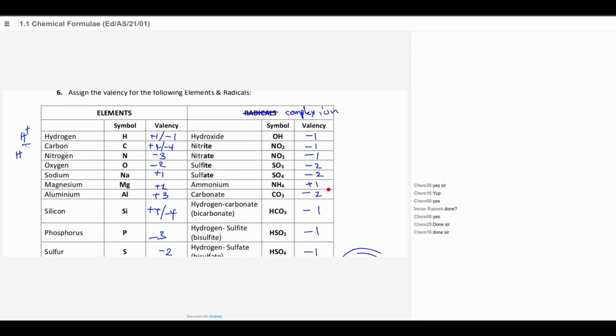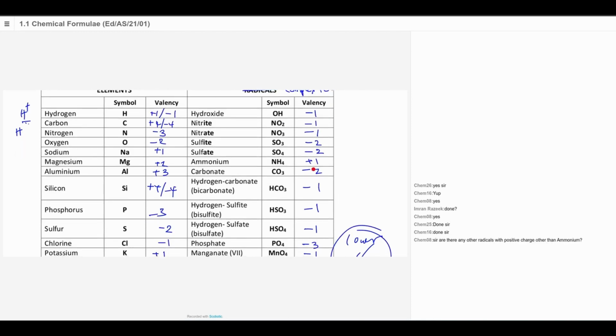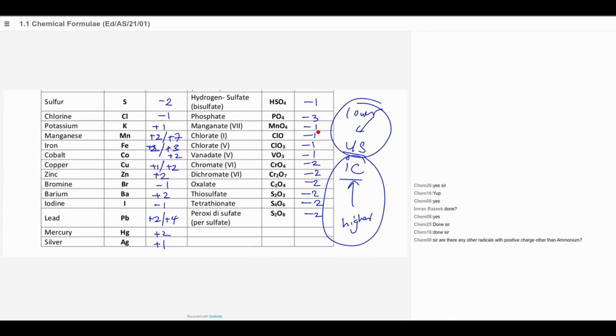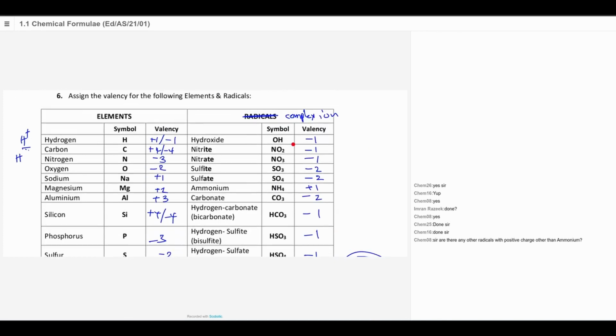Some you can work out, and I'm going to explain how to do that. For this, you have to remember the names and the valencies of these complex ions.